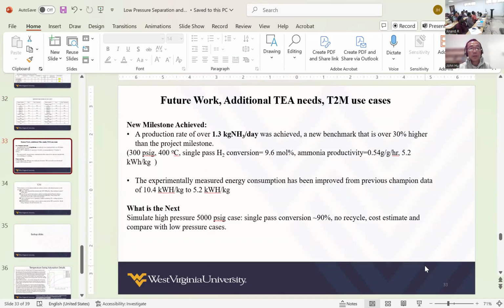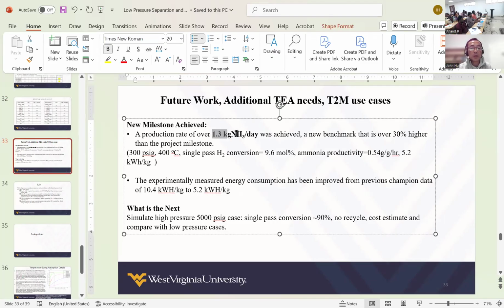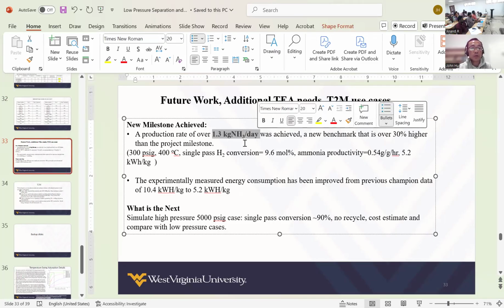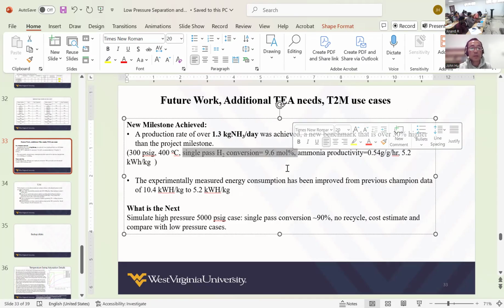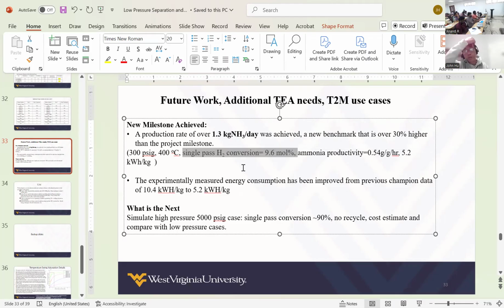Let me summarize this, our future work. Today we have already reached, in the Haber-Bosch plant laboratory, kilogram per day scale, and a single pass conversion of 9.6. Remember I asked you to calculate the single pass conversion?